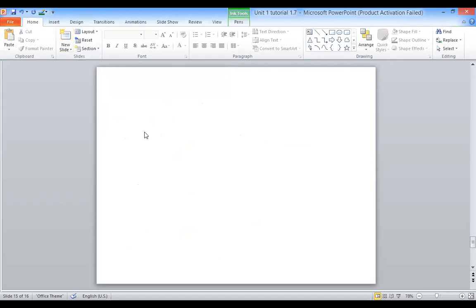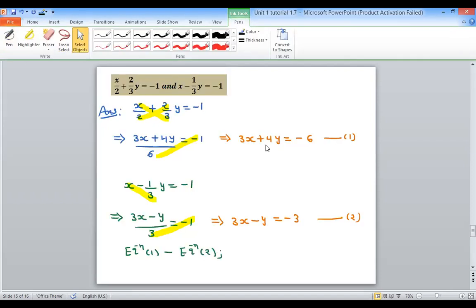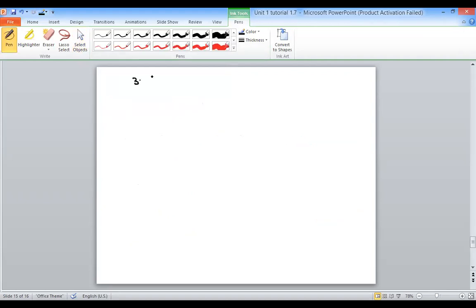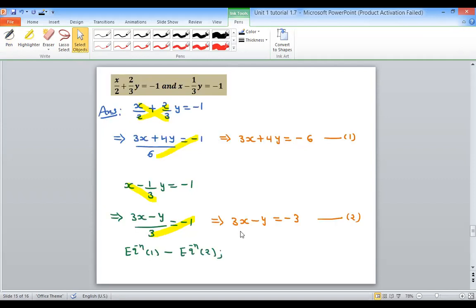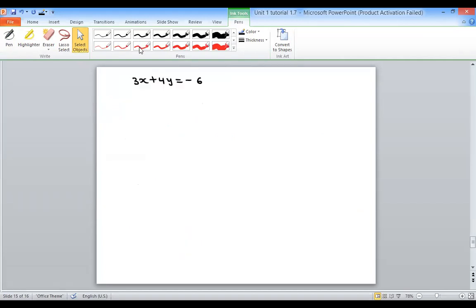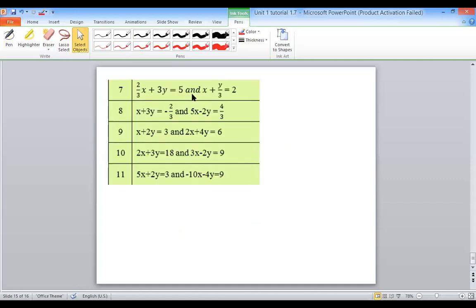So look here. First equation as it is, 3x plus 4y is equal to -6. Change the second equation's sign. For all the terms of the equation, the sign is changed, positive terms become negative and so on. So 3x minus y is equal to minus 3 becomes minus 3x plus y is equal to plus 3.